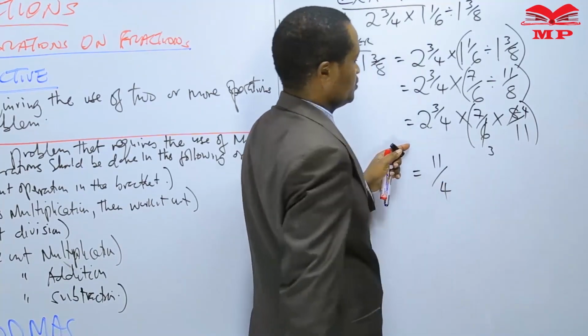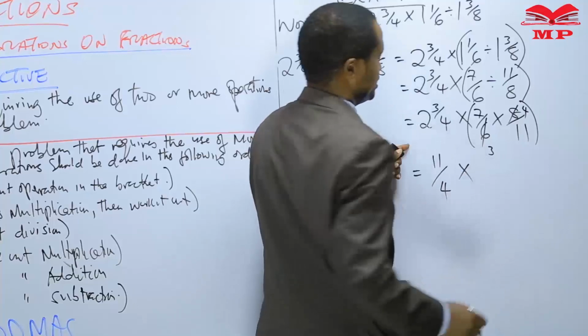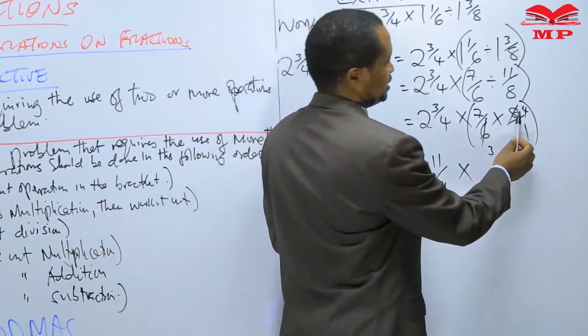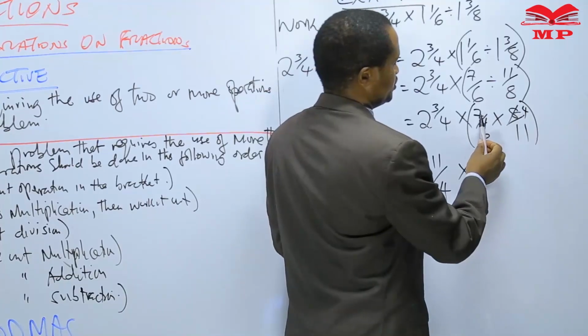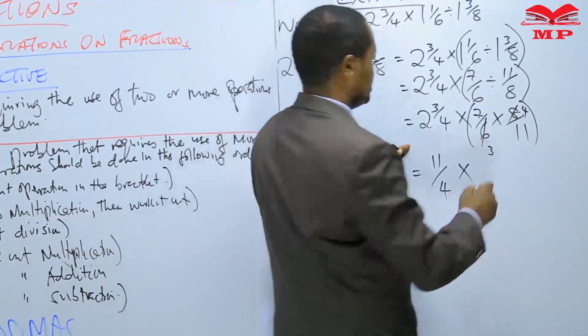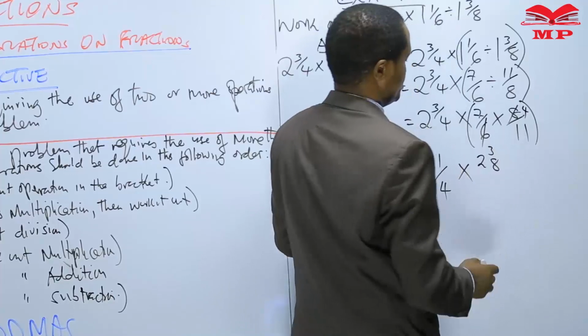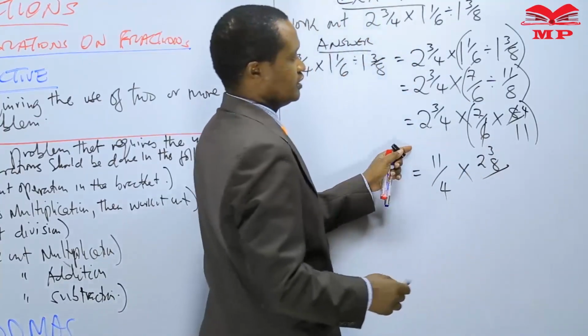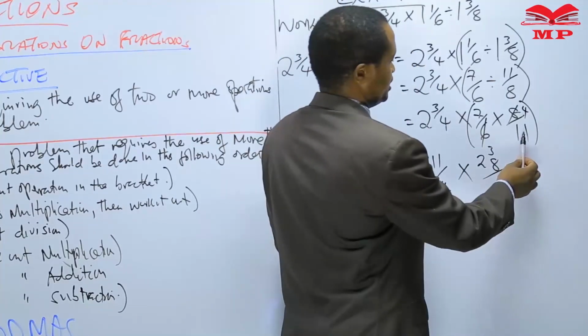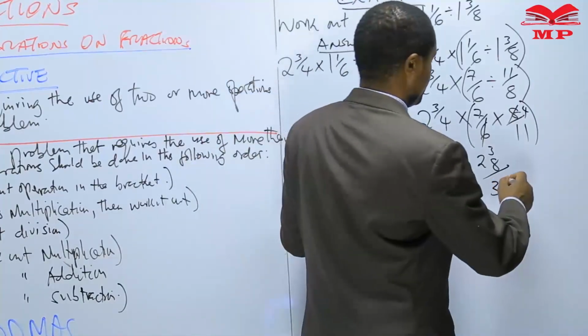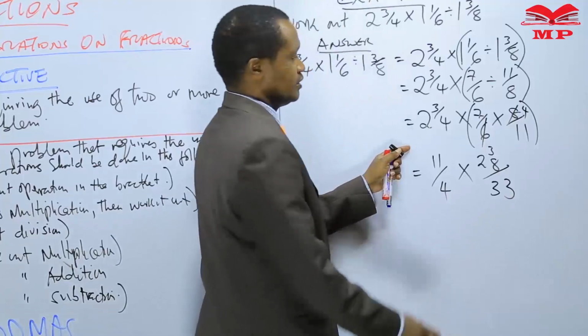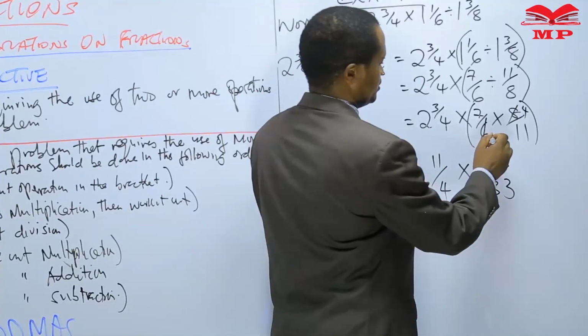Times, after cancelling here we had 4, so we multiply 4 by 7, giving us 28/3 times 11. 3 times 11 is equal to 33.